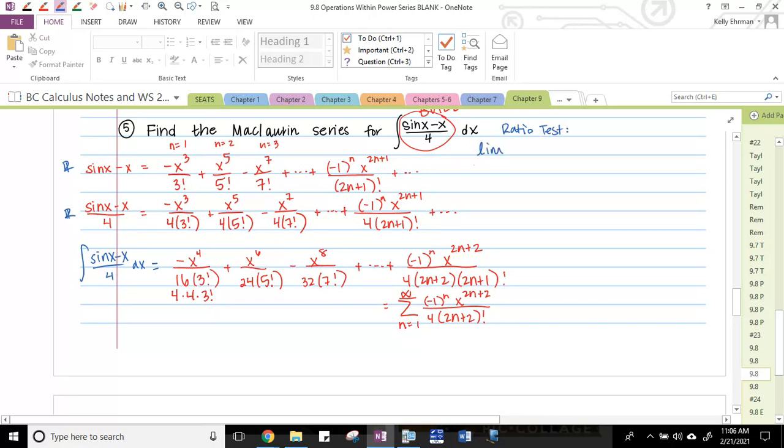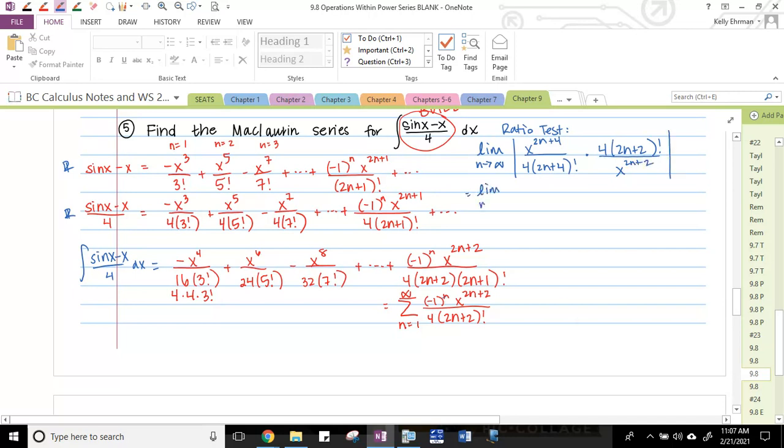What's the limit as n approaches infinity of, remember you're ignoring the alternating piece, x to the 2n plus 2, 2n plus 2 plus 2 will be 2n plus 4, over 4 times 2n plus 2 plus 2, 2n plus 4 factorial times 4 times 2n plus 2 factorial over x to the 2n plus 2.